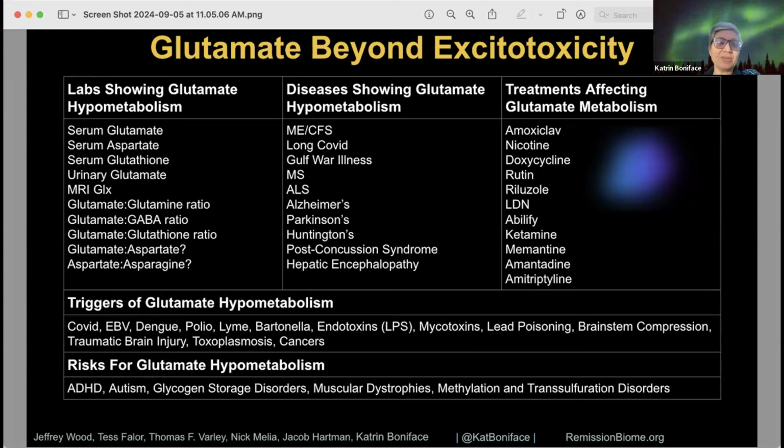And if we look at all of the triggers, including, and this was another one that was important for me, traumatic brain injuries. So brainstem injuries, brainstem compression as well, can also cause the exact same thing that we see with hypometabolism of glutamate within COVID or other virus, within mold, within bacterial infections. It is across the board.